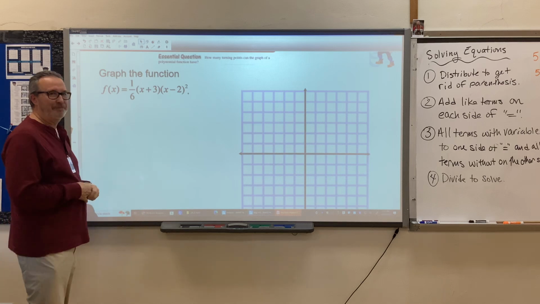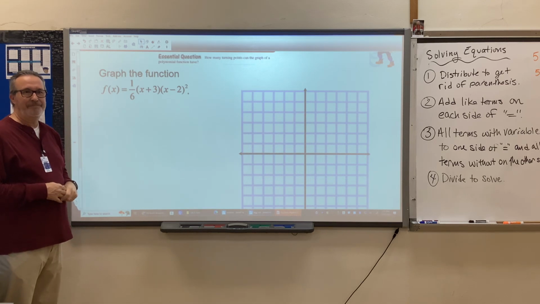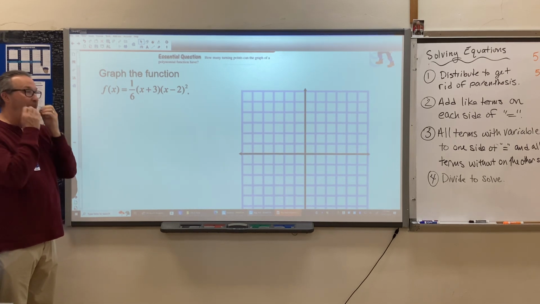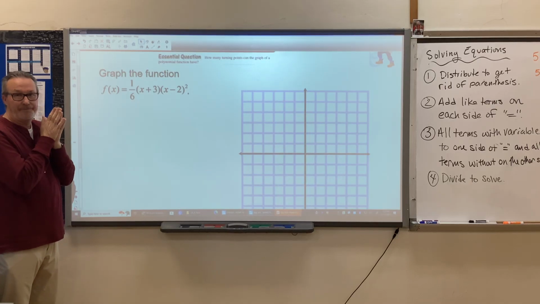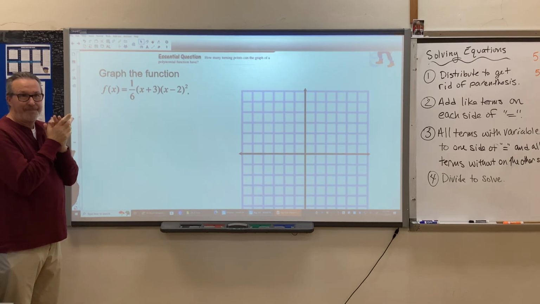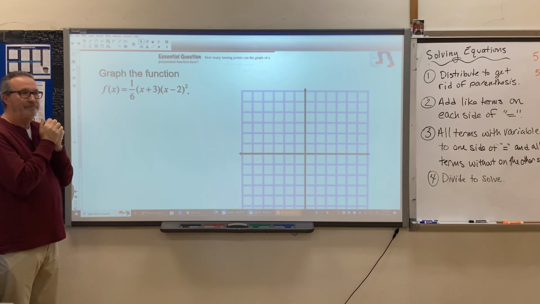Graph this function. You're going to have to get a little bit more correct about this. Like, what do you know about the graph of this? Do you know what the leading term is?